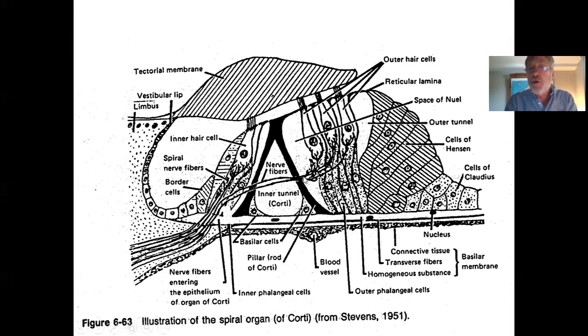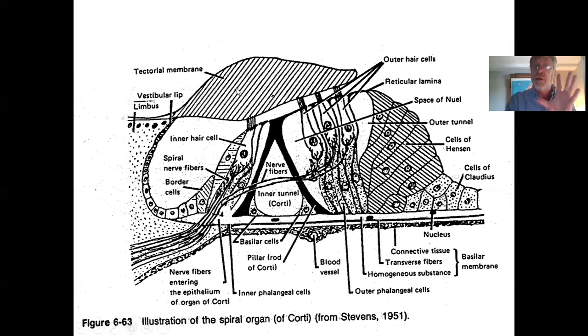They're running this way to the outer hair cells. Eighth nerve fibers from the inner hair cells go to the brain this way. So this is afferent, this is efferent. There's a trade-off of information. The outer hair cells are like little motors. They're like the muscles of the cochlea. And we'll look more in cochlear physiology as to how that works.